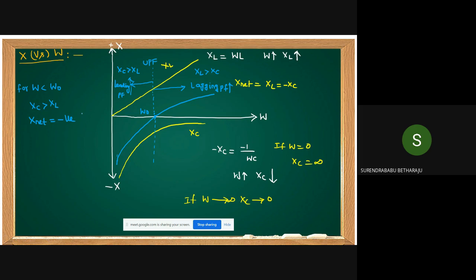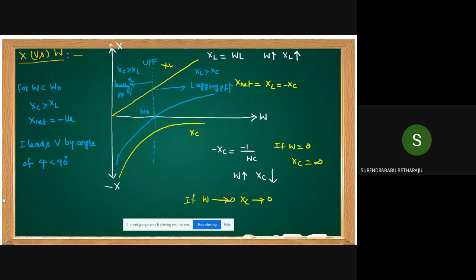Then I leads V. Xc greater than XL, so current leads the voltage by an angle phi. That phi may be less than 90 degrees, because it is not purely capacitive and not purely inductive.